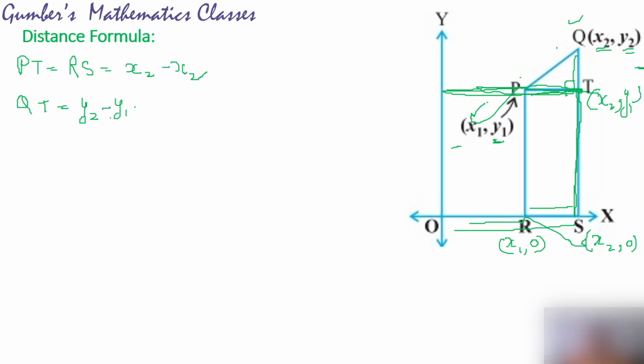Now apply Pythagoras theorem to find the distance between point P and Q. Therefore, in right angled triangle PTQ, we have PQ square is equal to QT square plus PT square.